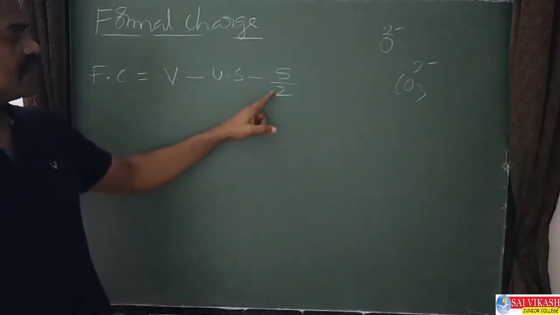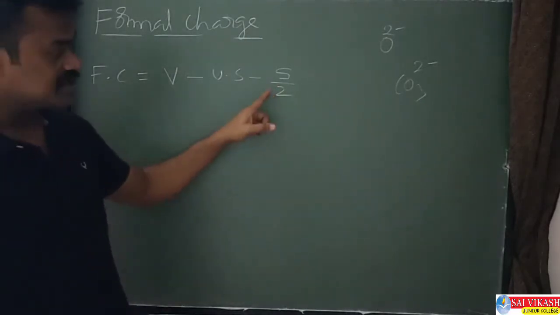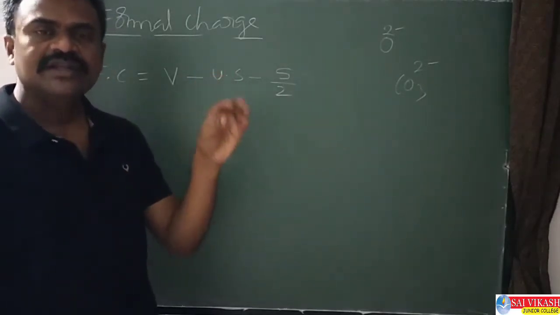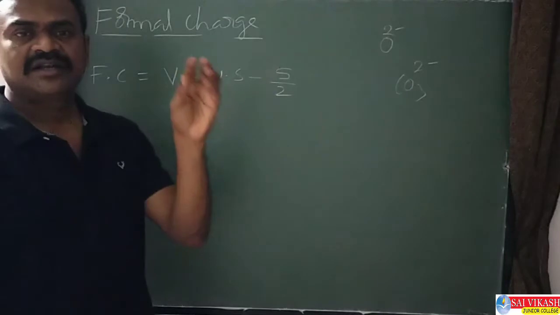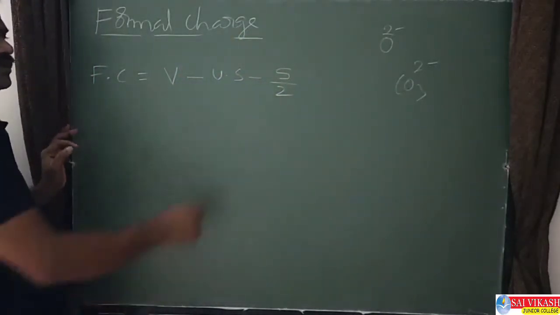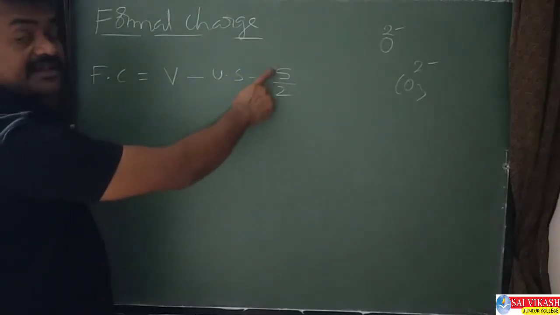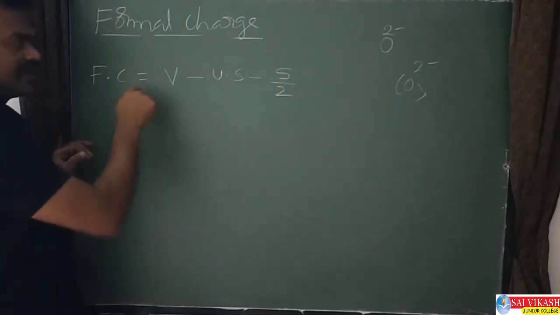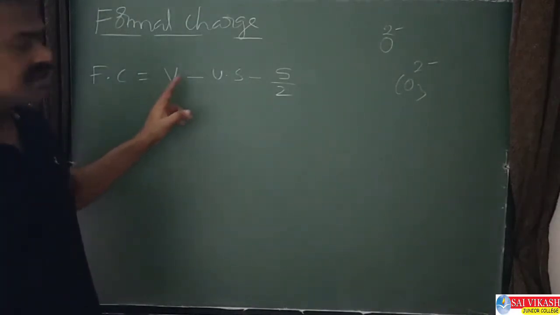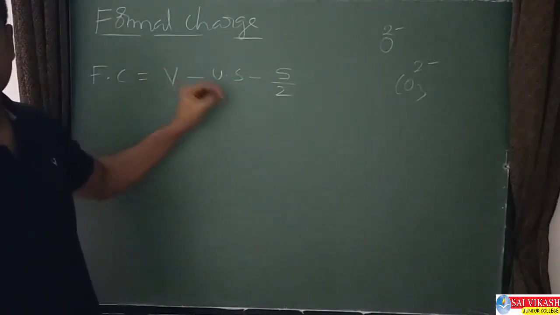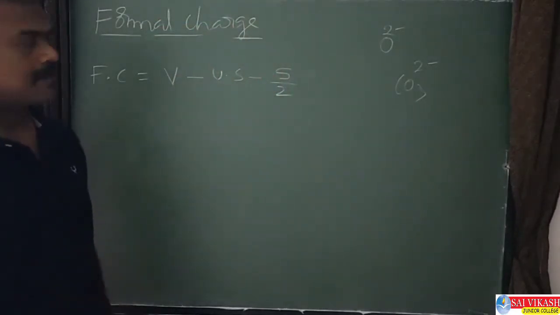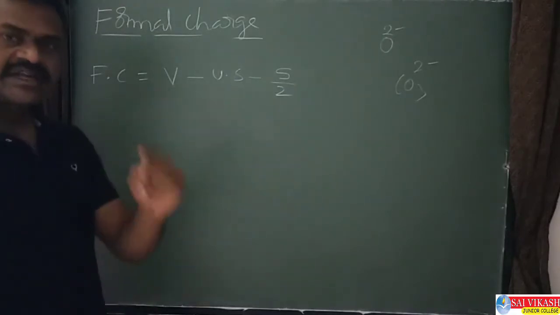This S is not for sulfur. The 2 is for only one atom, and S is shared electrons. For every term we have an abbreviation: V for valence electrons, US for unshared electrons, S for shared electrons, divided by 2.